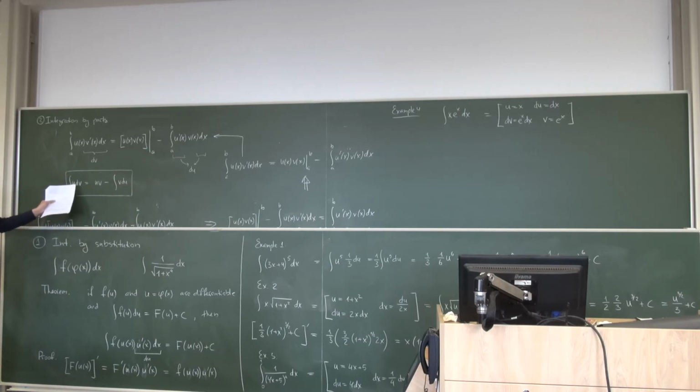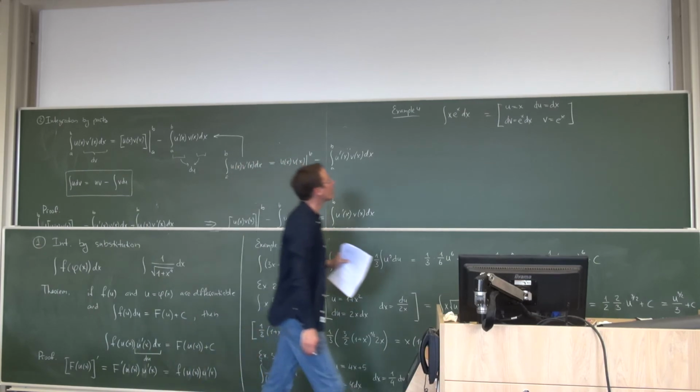We find the u, we find the dv. From dv we can calculate the v by integrating it, and from u we calculate du. So all of the things on the left hand side we know, all of the things on the right hand side we have calculated within that square cut in.